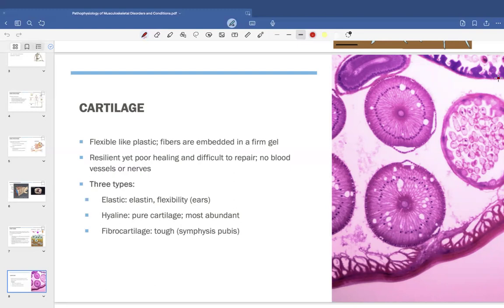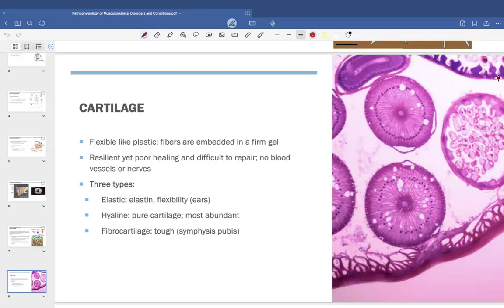These are kind of like the cushions that protect the end plates of the bones. It tends to be resilient, however, it doesn't heal very well when it's been damaged. There is no real blood supply, so per se, it's more by diffusion. And so it makes it much more difficult and takes longer to repair. It typically doesn't have nerves.